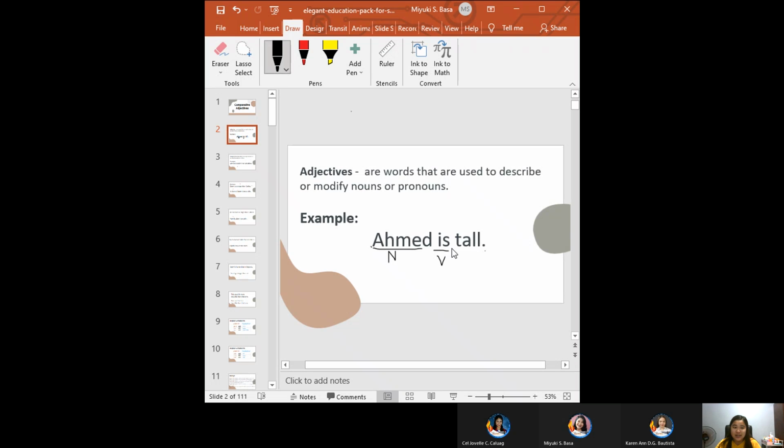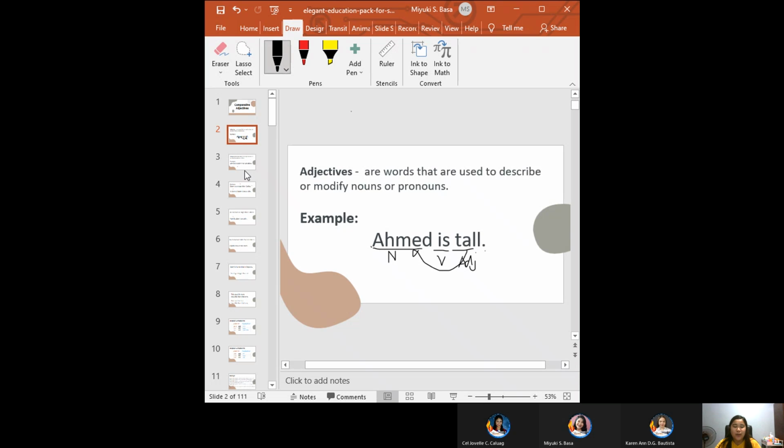Ma'am, the adjective in the sentence is the word tall. Okay, that's right. The word tall is the adjective in the sentence because it describes the noun, which is Ahmed. Do you understand, guys? Yes, ma'am. I will not elaborate more about this because we already finished discussing this.